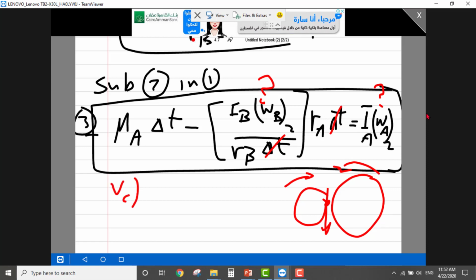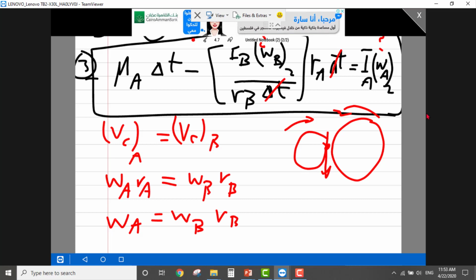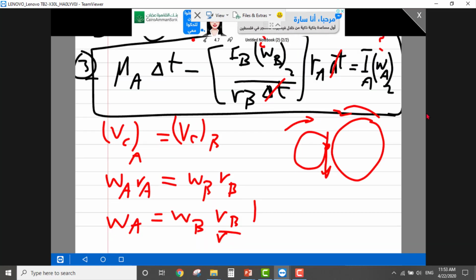So VC from gear A is equal to VC, the point of contact, from gear B. So using kinematics, omega A RA will equal omega B RB, or omega A is equal to omega B RB divided by RA. And I will name this equation 4.